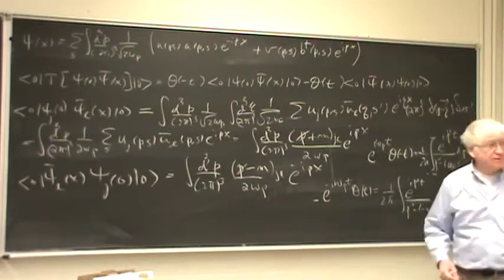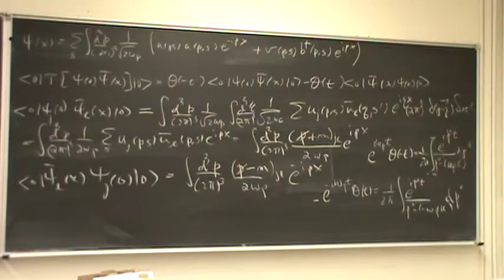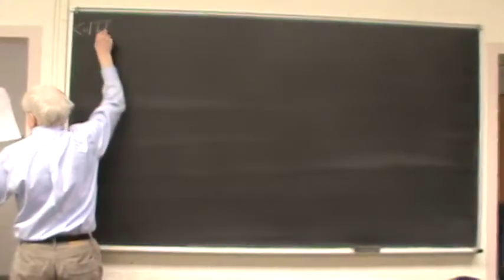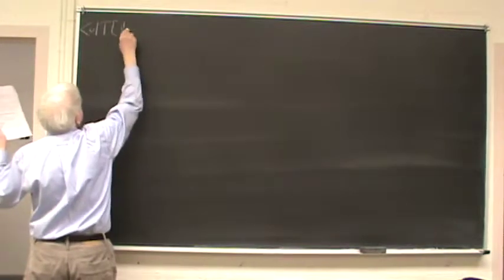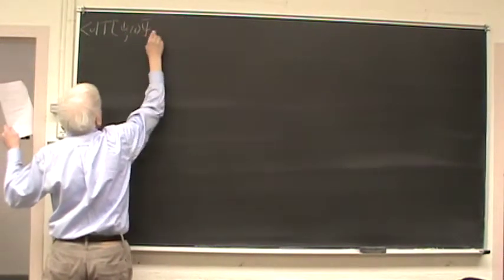Okay, so the propagator, basically we put all this together and we have a time-ordered product psi j of 0 psi bar L of x.